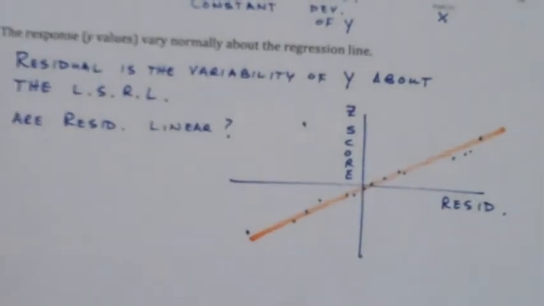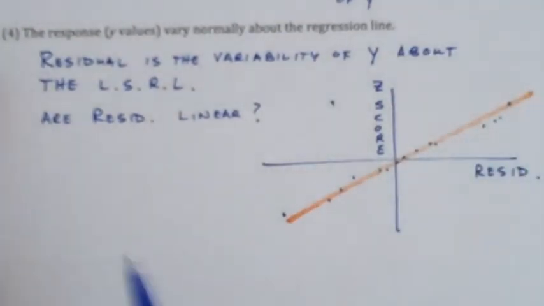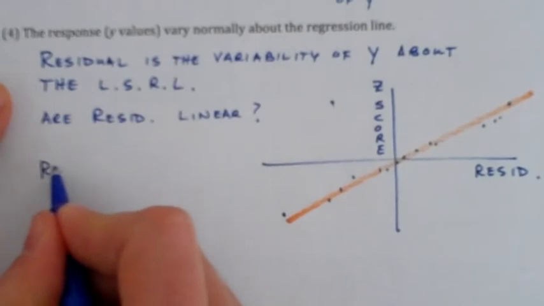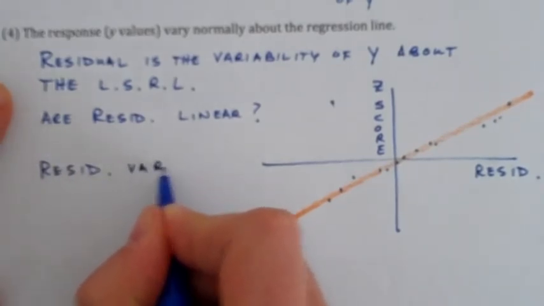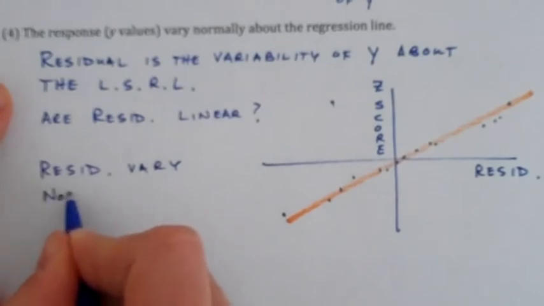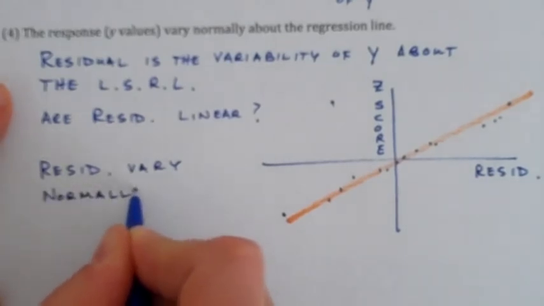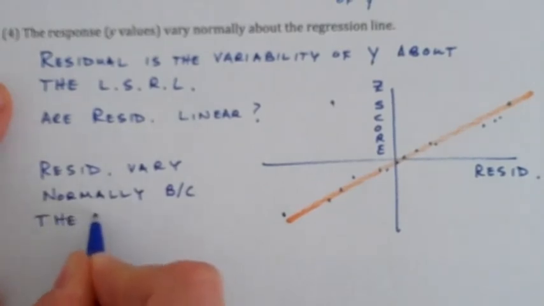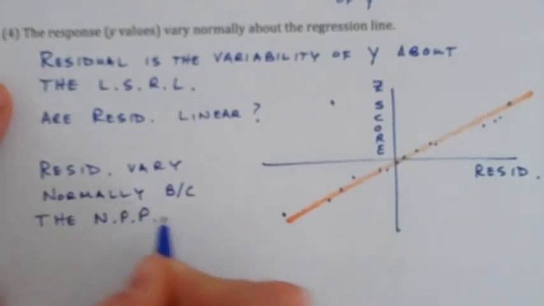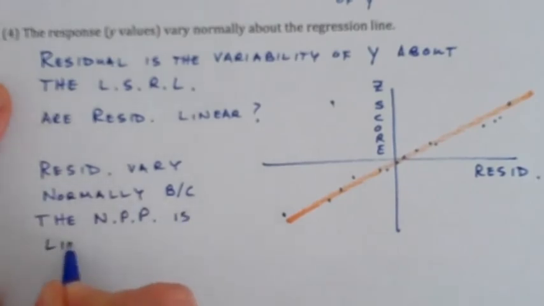So, our conclusion will be as follows. The residuals vary normally because the normal probability plot is linear.